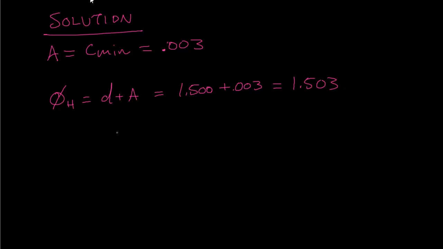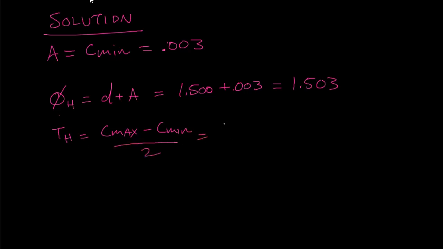We've figured out the hole diameter, but we do not know the tolerances yet. So let's calculate the hole tolerance. So TH is equal to the maximum clearance minus the minimum clearance, over 2. So let's figure out what this is.